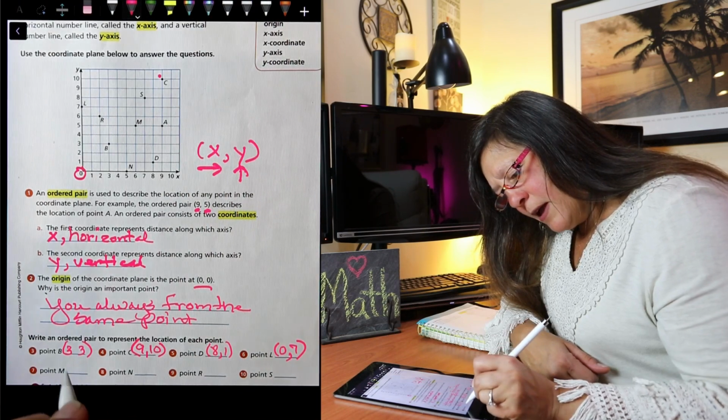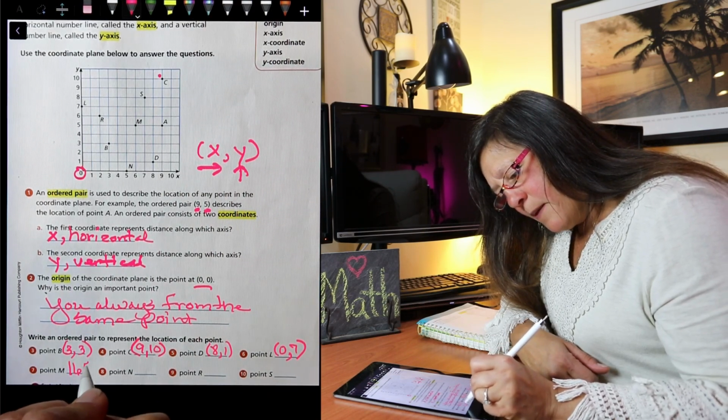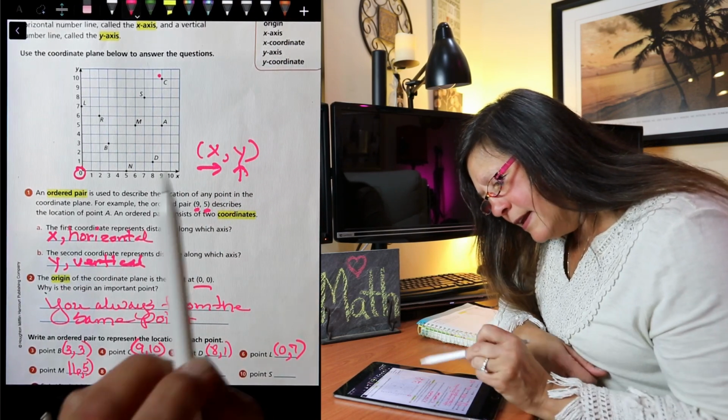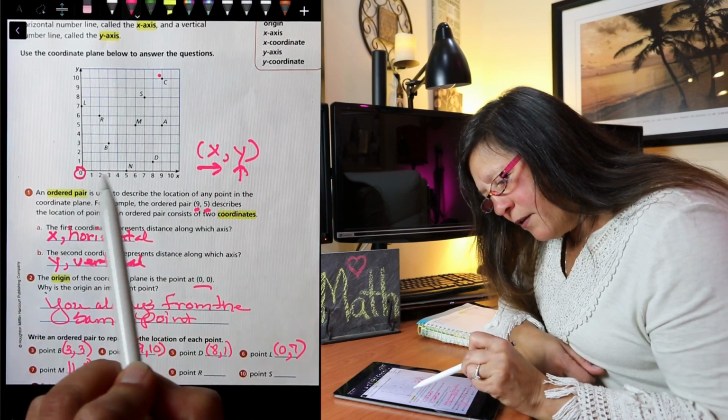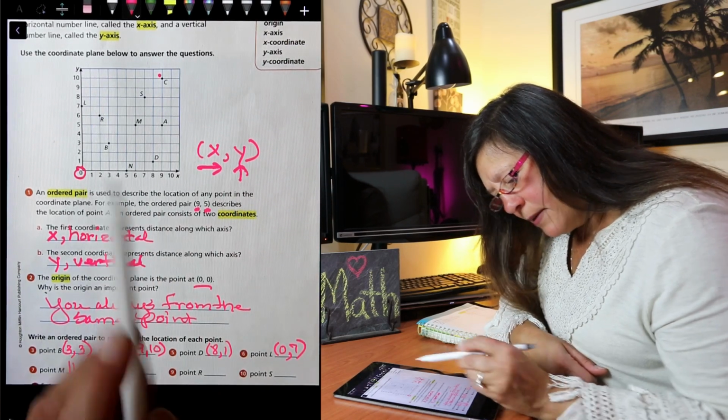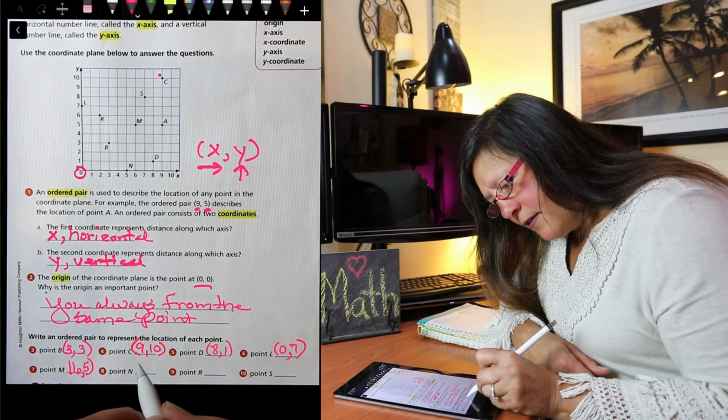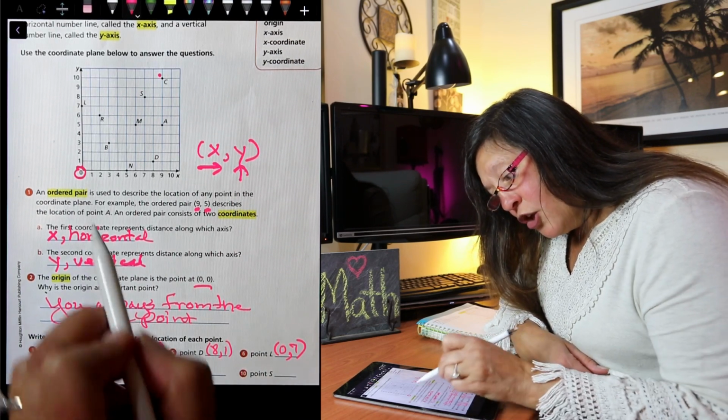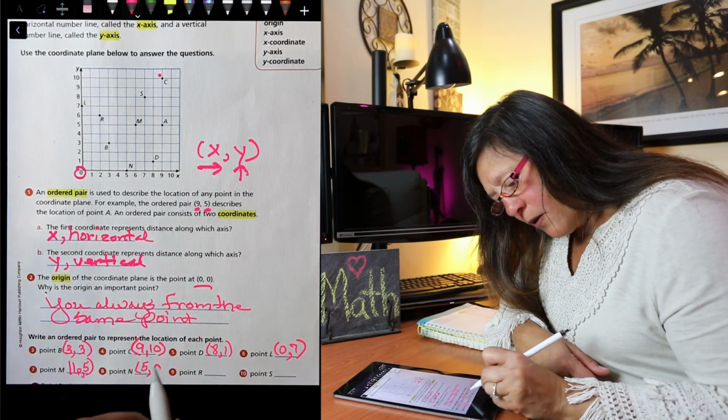Okay, put that 3 back. Over 6, up 5. Point N. Here's N here. It goes over, but it doesn't go up. So that means your X is 5, your Y is 0.